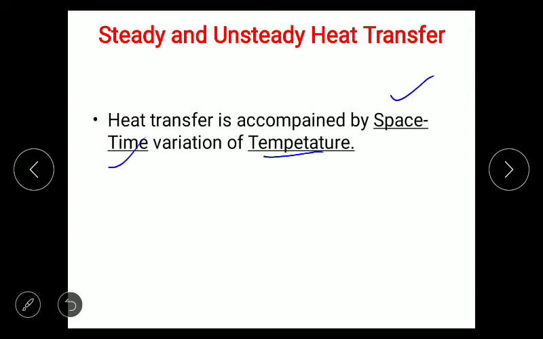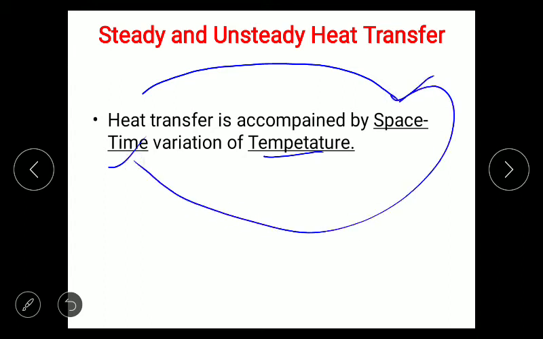Which means the heat transfer is directly influenced by space and time. The heat transfer depends on the temperature, and the temperature depends on space and time, due to which the heat transfer may be depending on space and time as well.